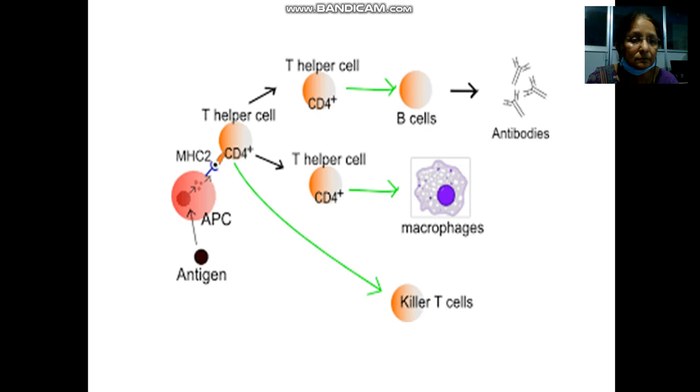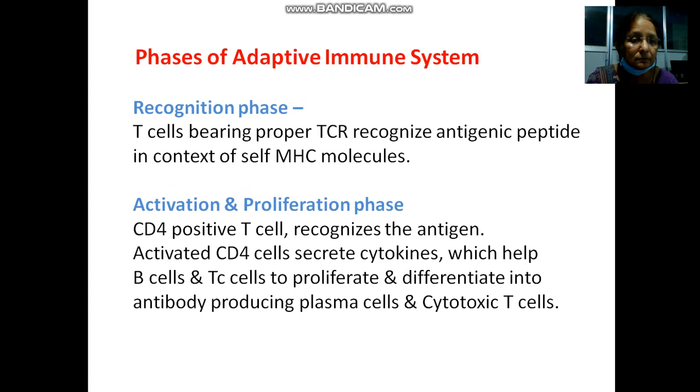CD4 cells activate the B cells to produce antibodies, and T helper CD4 cells activate macrophages and CD8, that is, killer T cells, cytotoxic cells.